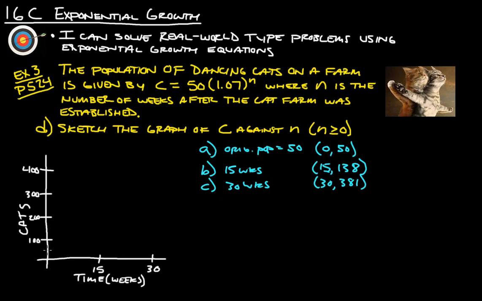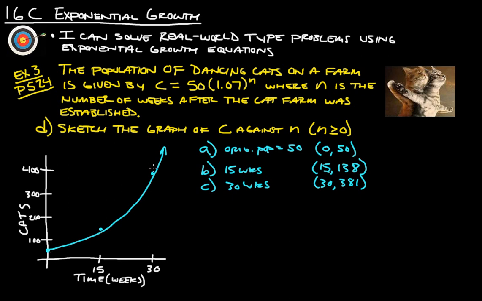So 0, 50 is right there. 15 is at 138, let's go with about there. And then 30 weeks was at 381, so about there. Then we can connect the dots, and that's pretty close.